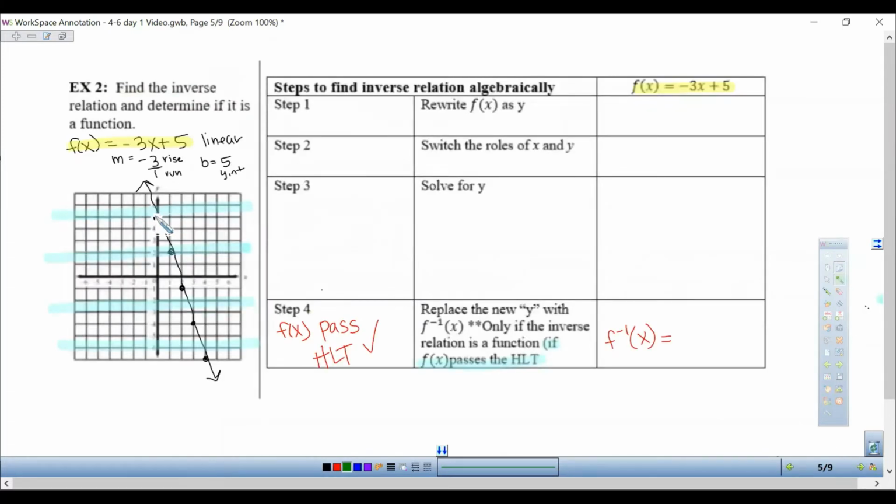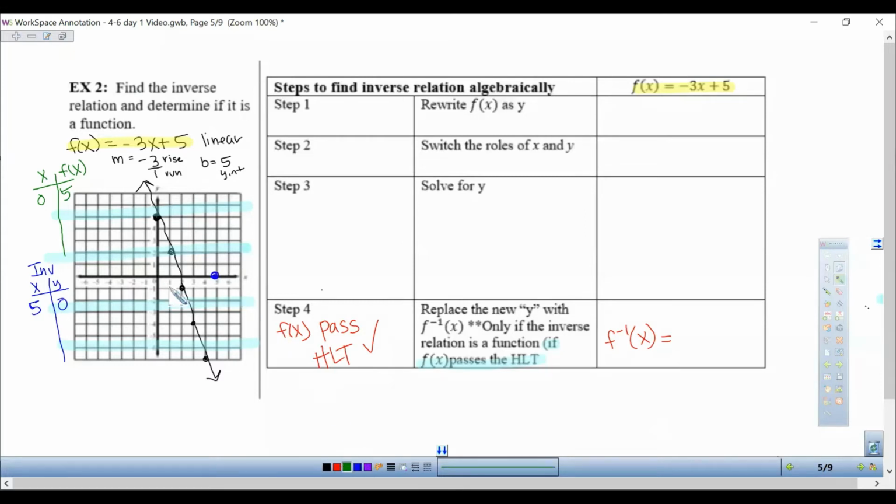So my first point, I'm just going to recreate this back into a table, is the point (0, 5). So what does that mean for my inverse? That means that a point on my inverse would be 5, and then the y would be 0. So I'm going to have the point (5, 0) on my inverse.